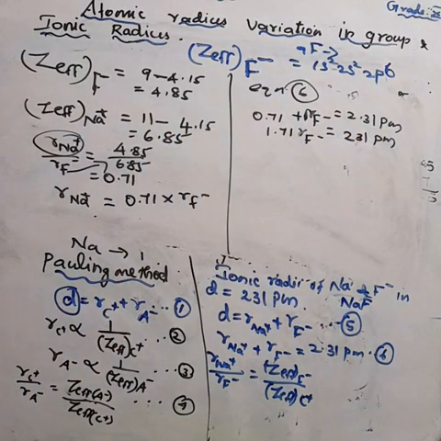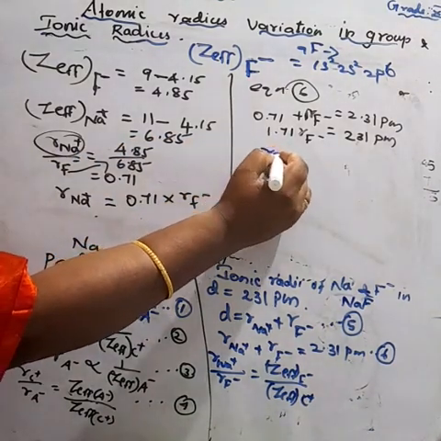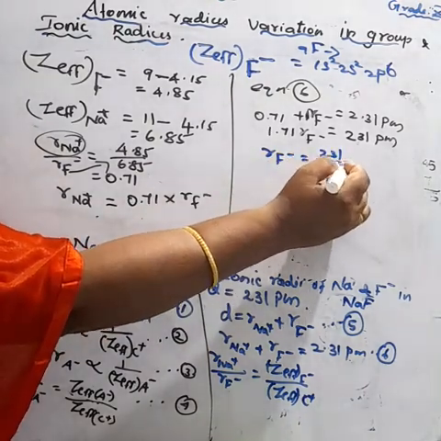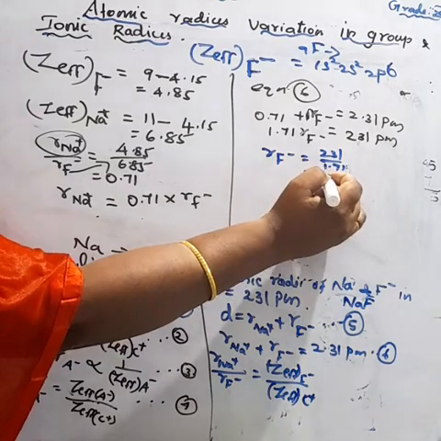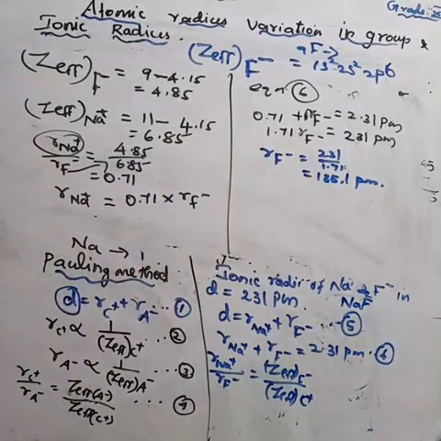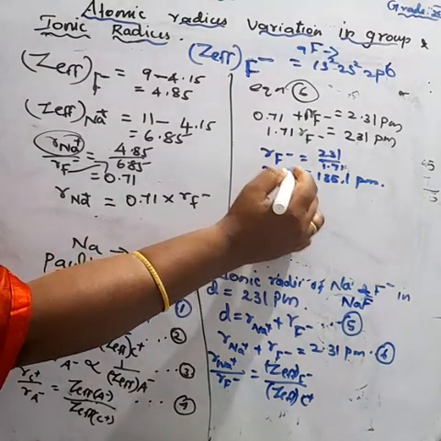So r F- is equal to 231 divided by 1.71. By dividing these two values, we get 135.1 picometer. So here we got the value for r F-, 135.1 picometer.